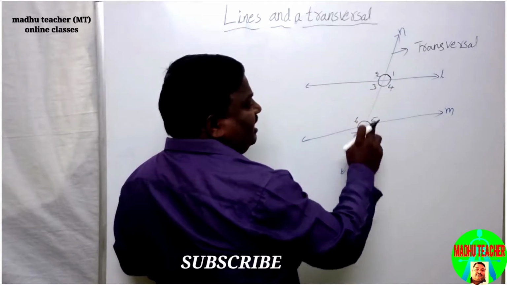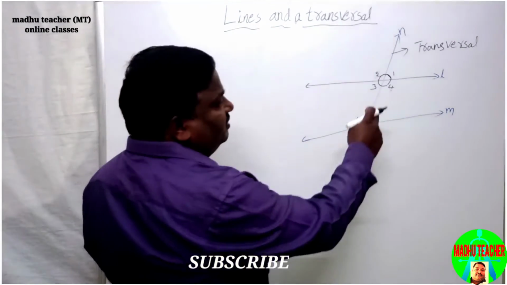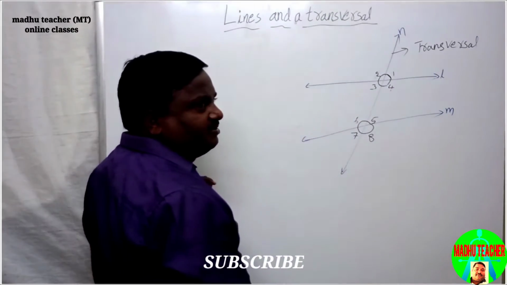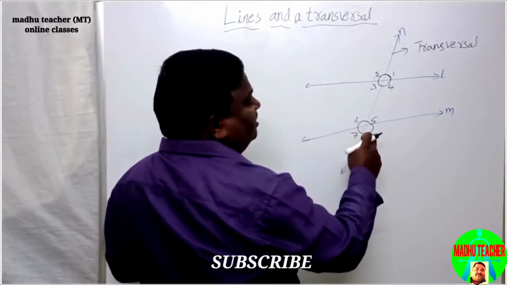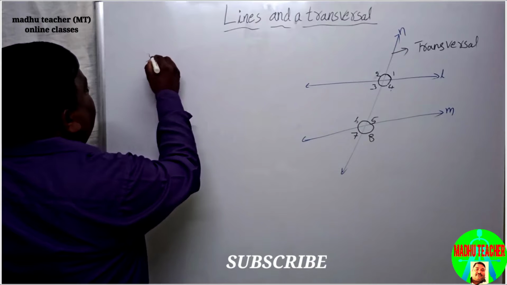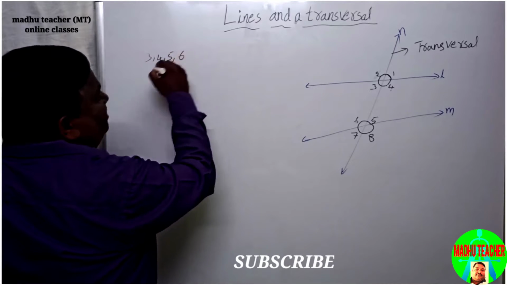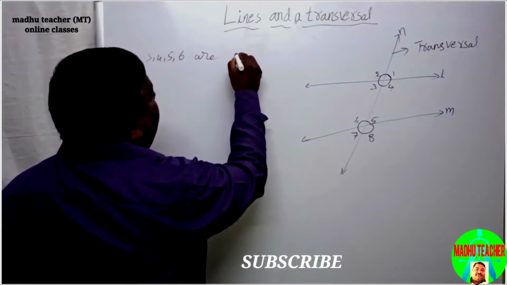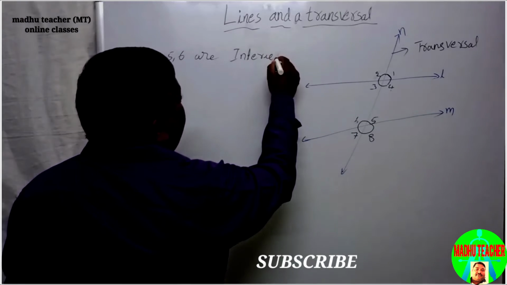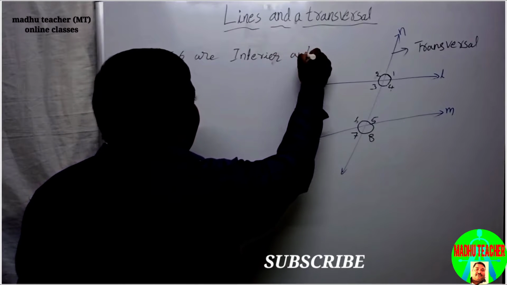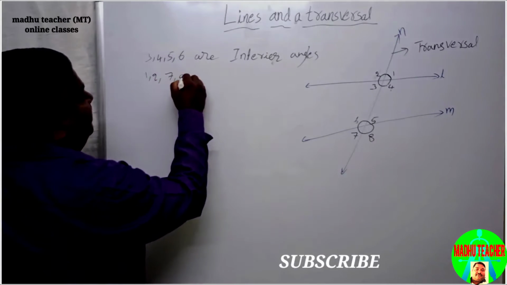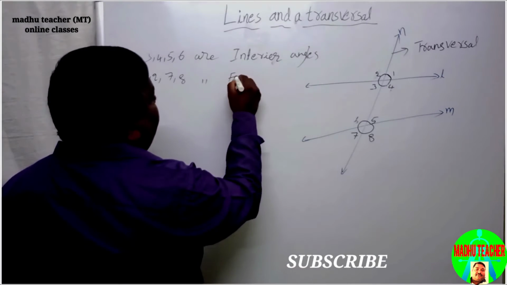We can classify these angles. Angles 3, 4, 5, 6 lie inside and 1, 2, 7, 8 lie outside. Therefore, 3, 4, 5, 6 are called interior angles, and 1, 2, 7, 8 are exterior angles.